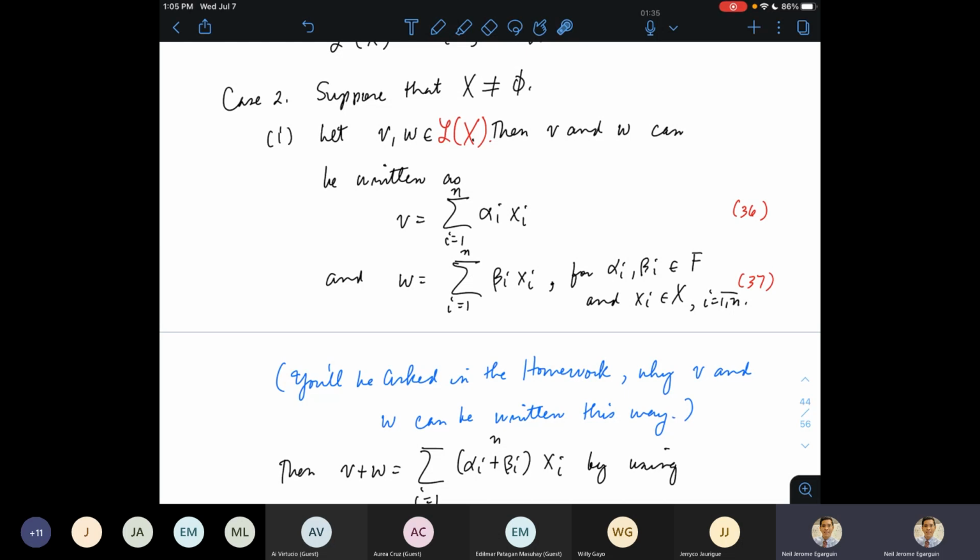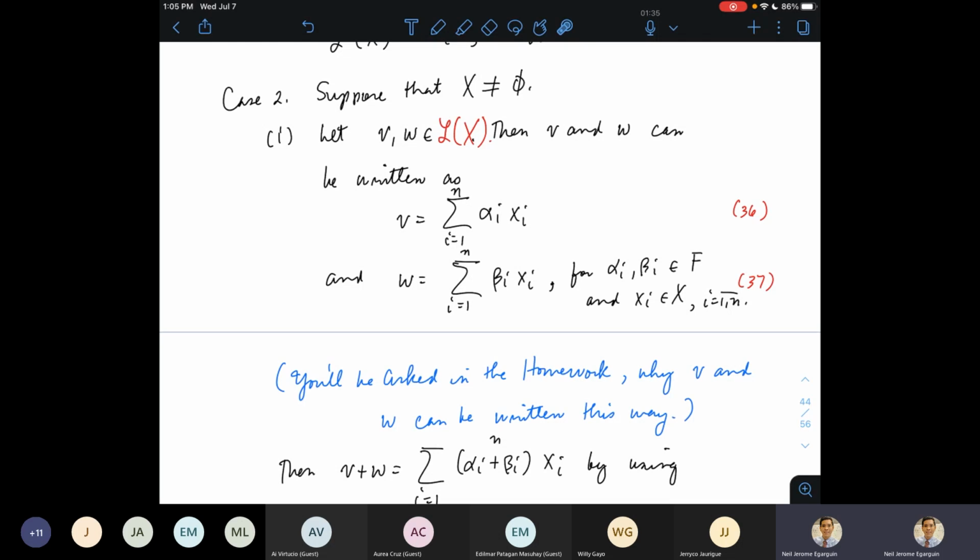What could be the complications of that? Well, for one, I am saying that V and W are generated by exactly the same x sub i's, and hence the use of the same notation x sub i, right?